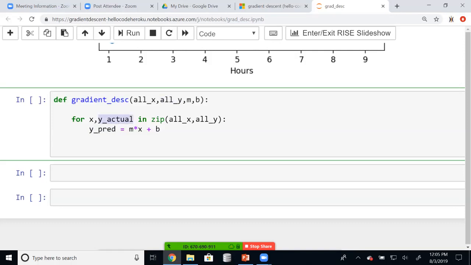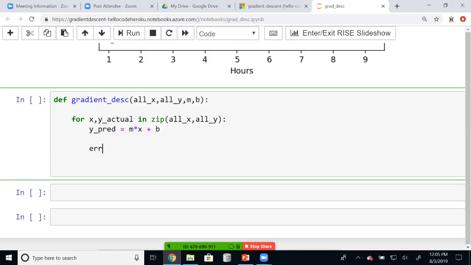So can you go ahead and write the formula for error? What will be my error? What should I write? Error at that particular point should be equal to, yeah, that particular point.